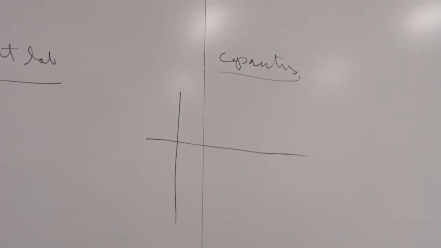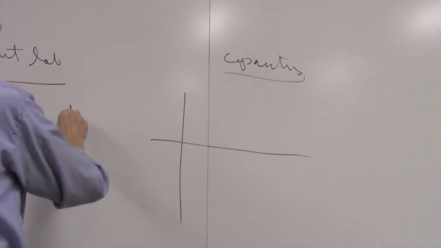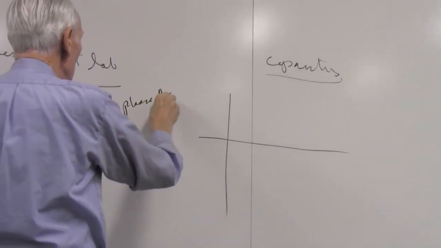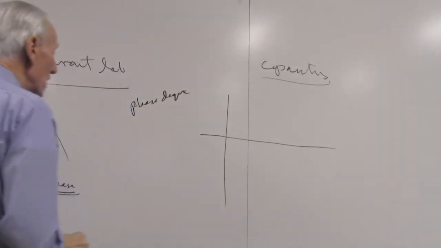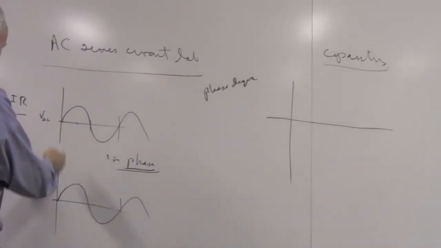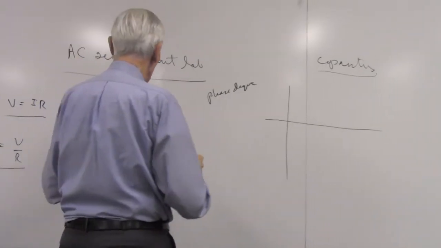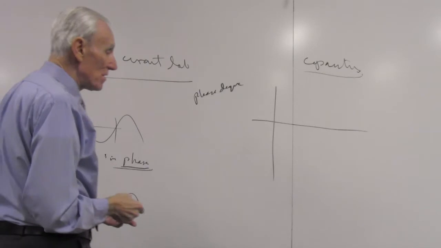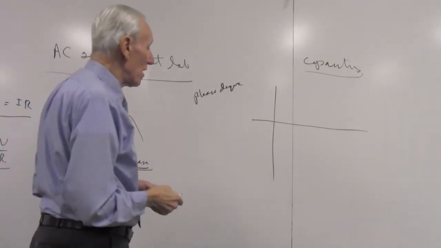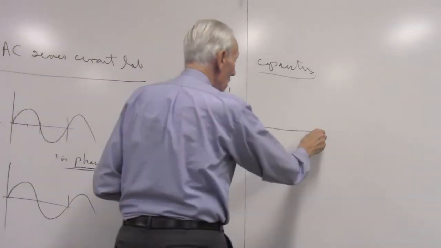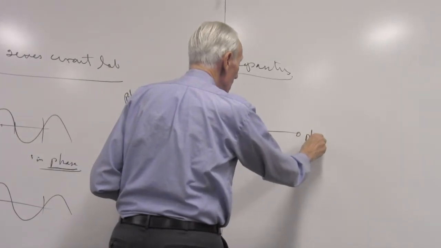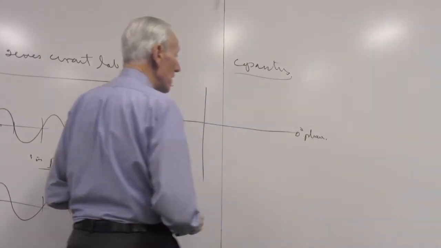Let me draw what's called a phase diagram. If we have a circuit with just a voltage source and a resistor, the voltage across the resistor and the current through the resistor are in phase, as we talked about. And so I'm going to call this a zero phase angle, a 0 degrees phase difference.